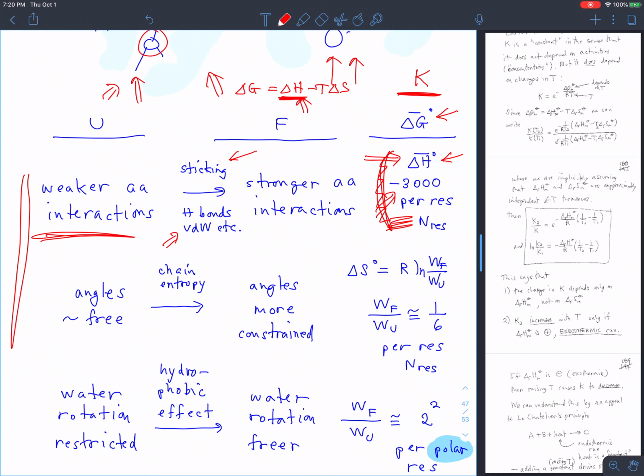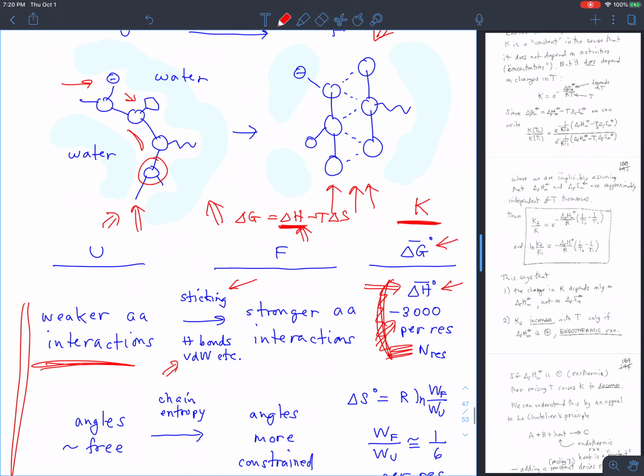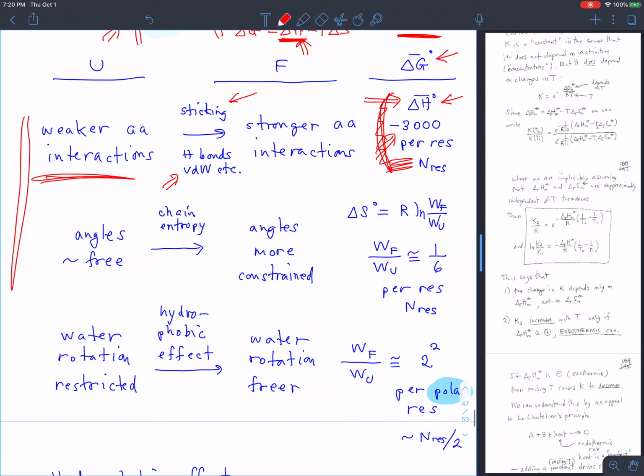Now, in truth, it's a different value for each residue, for each pair of residues, in fact. But we're just going to say that, on average, each residue, once it gets folded up inside the protein, has a certain amount of sticking interactions with its neighbors, and pick one average value for all those possibilities and say it's about 3,000 joules per residue out of a total of N-res residues in the protein. So 3,000 joules per residue when it's folded up.